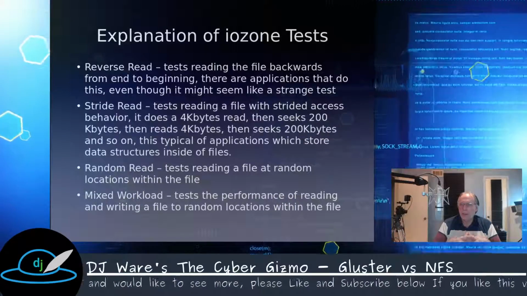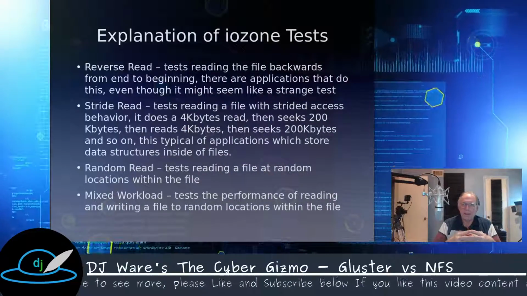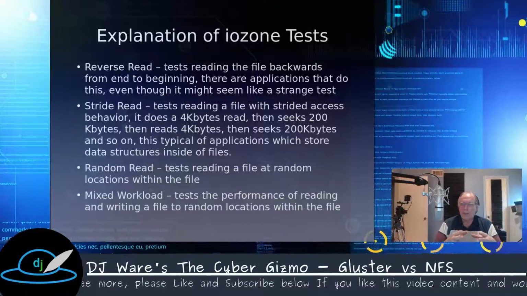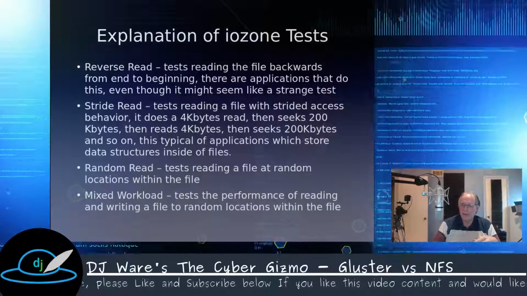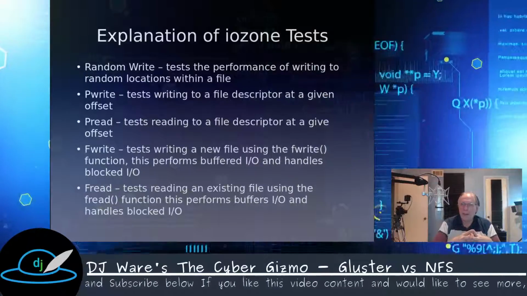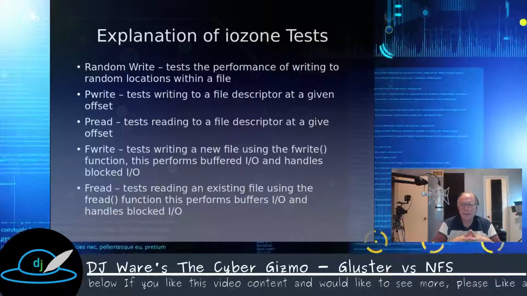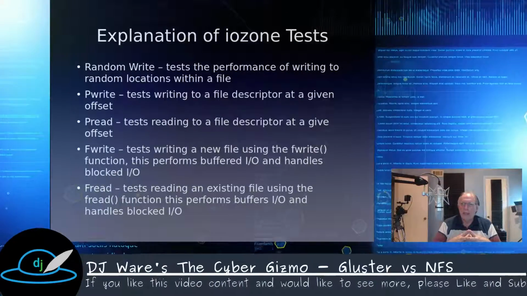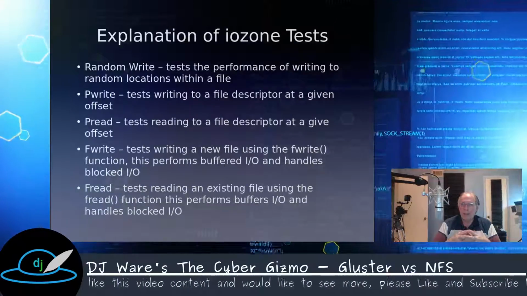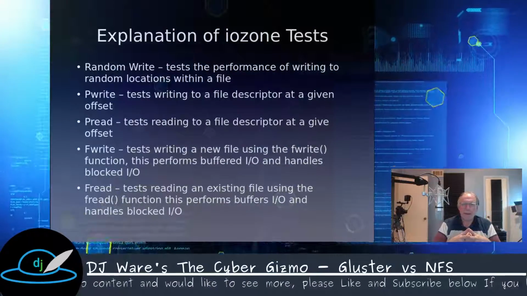Mixed workload allows for overlapping reads and writes within the same test, and this would also occur at random locations within the file. Again, there's applications that do that as well. Random write tests the performance of writing to random locations within the file, and also pwrite, which tests writing to a file descriptor at a given offset.